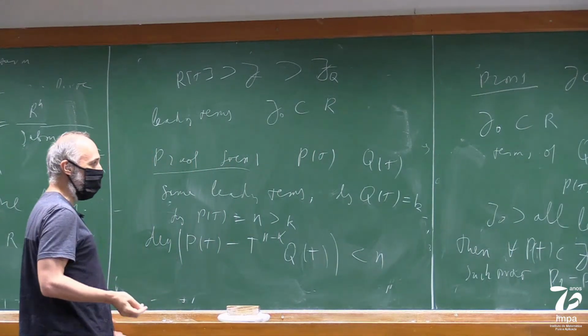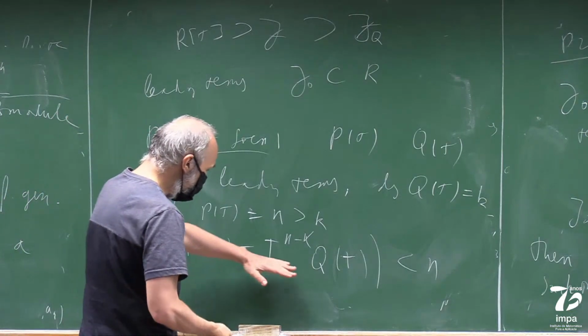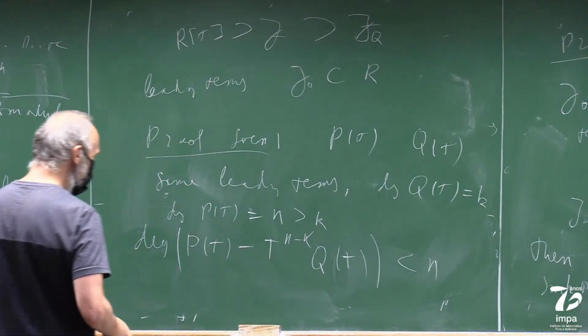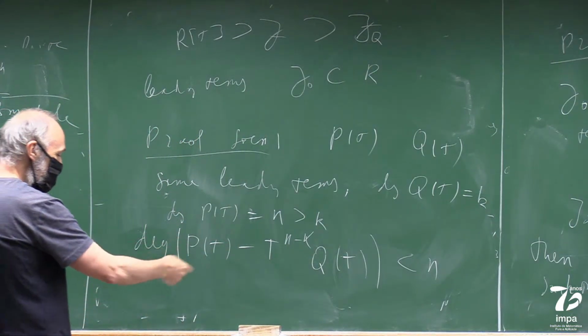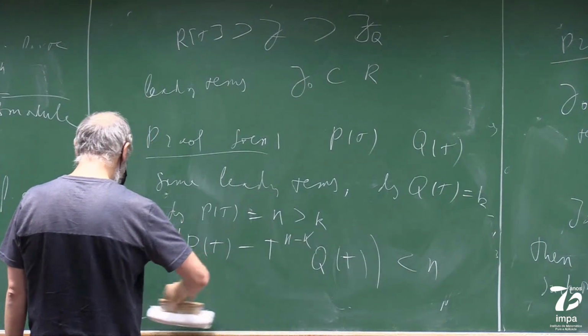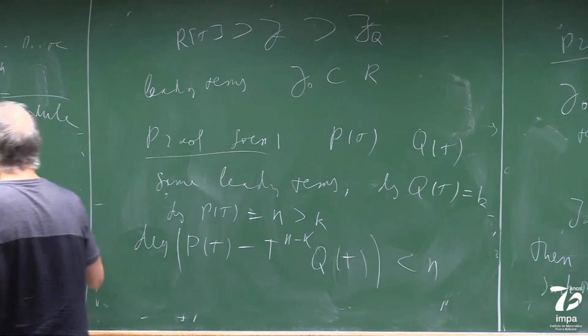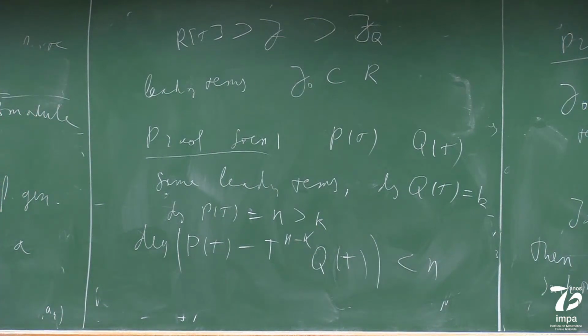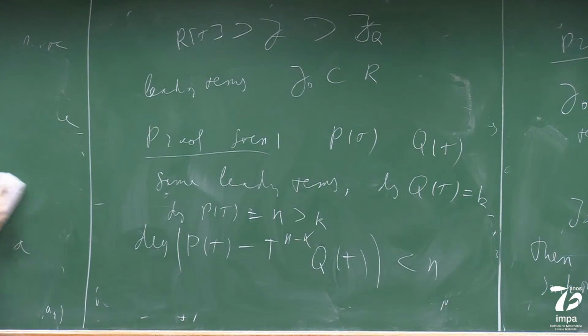This is a trivial observation. It is like division. You can subtract, they have the same leading terms, so the difference has smaller degree. Okay, so this would be the basic observation.